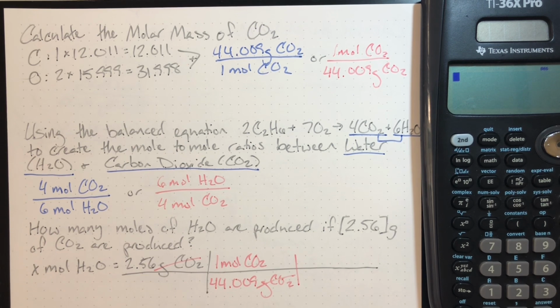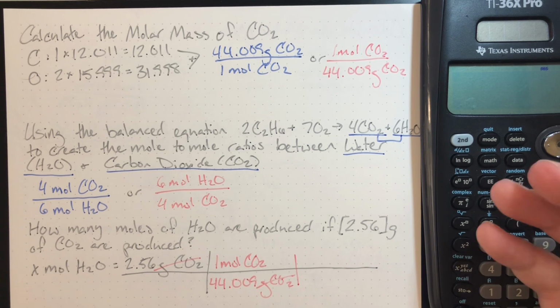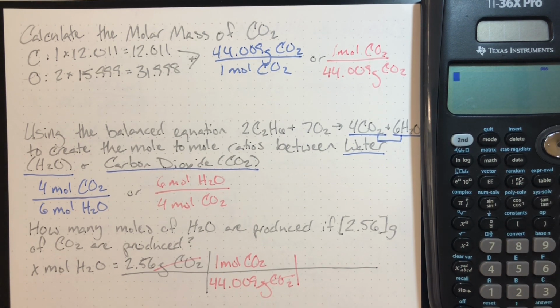Now I am currently in moles of carbon dioxide. However, I wanted moles of water, so that means that I am not done with my problem and I need to continue on. I need to choose the mole-to-mole ratio that allows me to cancel moles of carbon dioxide. Since moles of carbon dioxide is currently in the numerator, I need to choose the version of the conversion factor that has moles of carbon dioxide in the denominator.